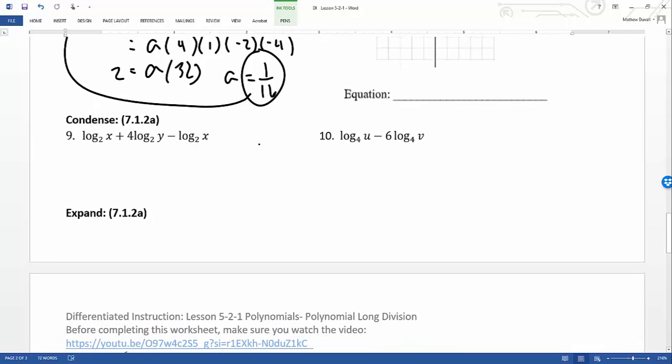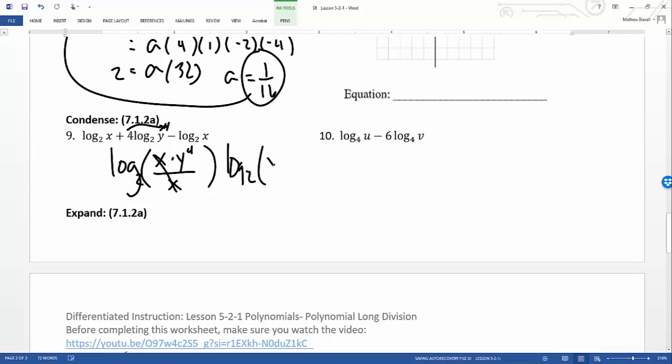So when we condense any of these values, you bring up, so that's going to be y to the 4th. We condense it into one log, so it's log base 2. If your log is positive, those factors are on top. If your log is negative, those factors are on the bottom. That ends up canceling out, so you get log base 2 of y to the 4th.